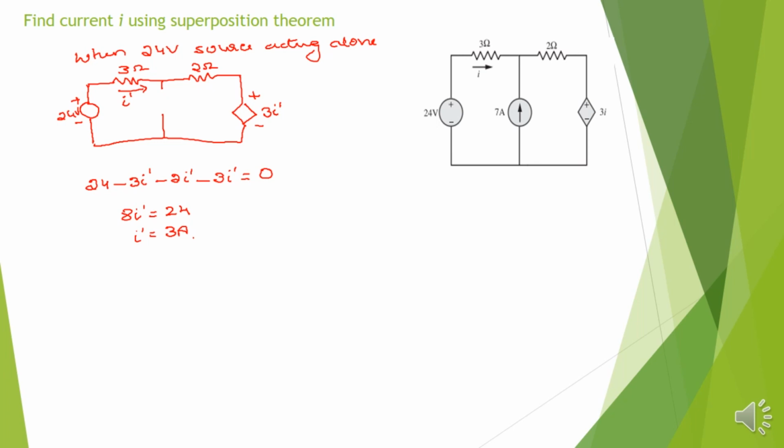So now let us see what happens when the 7 amps source is acting alone. So what happens is, this 24 volt becomes a short.